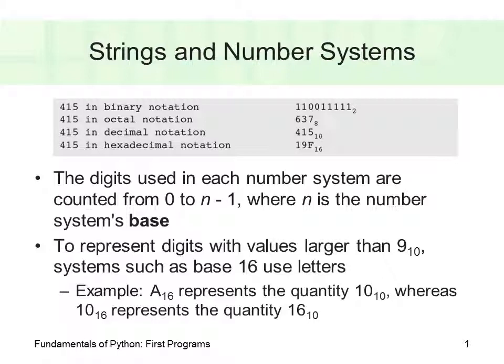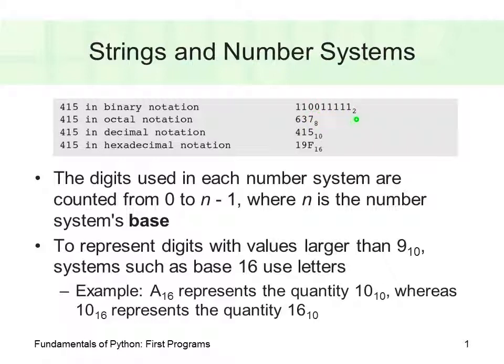Here's a few examples. We have the value 415. What would that look like in binary notation in base 2? In other words, we're counting using only zeros and ones. Well, here it is: 11001111 base 2.